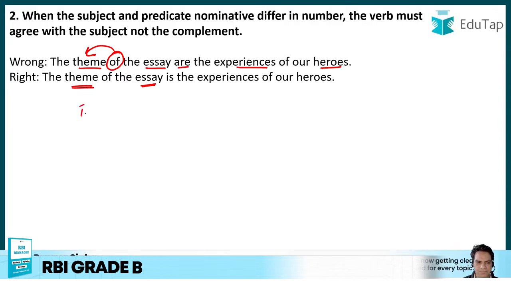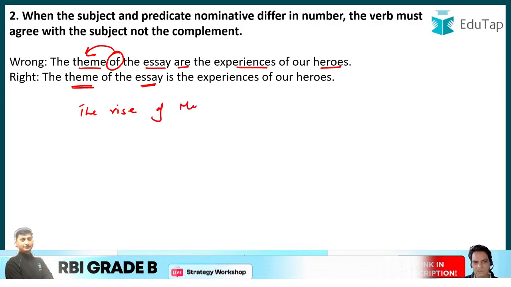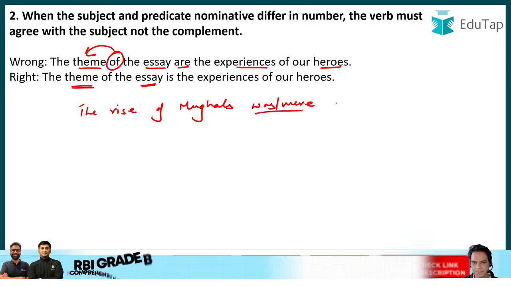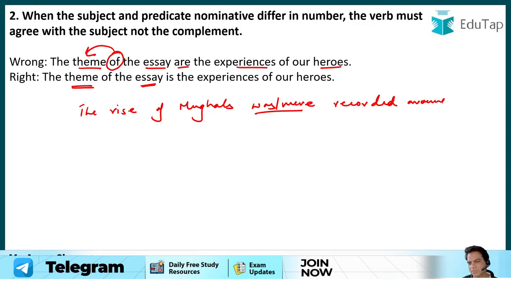I'll give you some examples. For example, the rise of Mughals. Now the question is, was or were recorded around 500 AD.